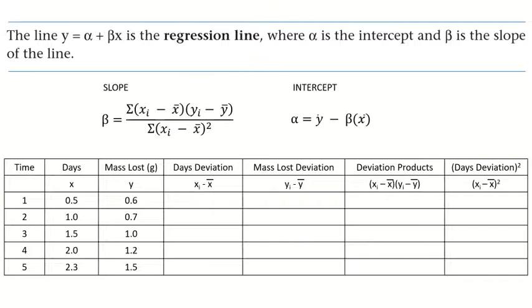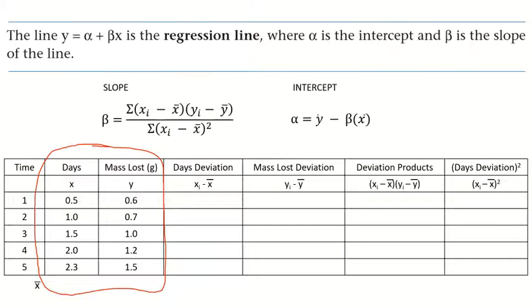So first, let's look at this table. In the previous video, we were acquainted with these two variables. Our independent variable, the exposure in days, that's X, and our dependent variable, the mass lost from our chitin exoskeleton, that's Y.